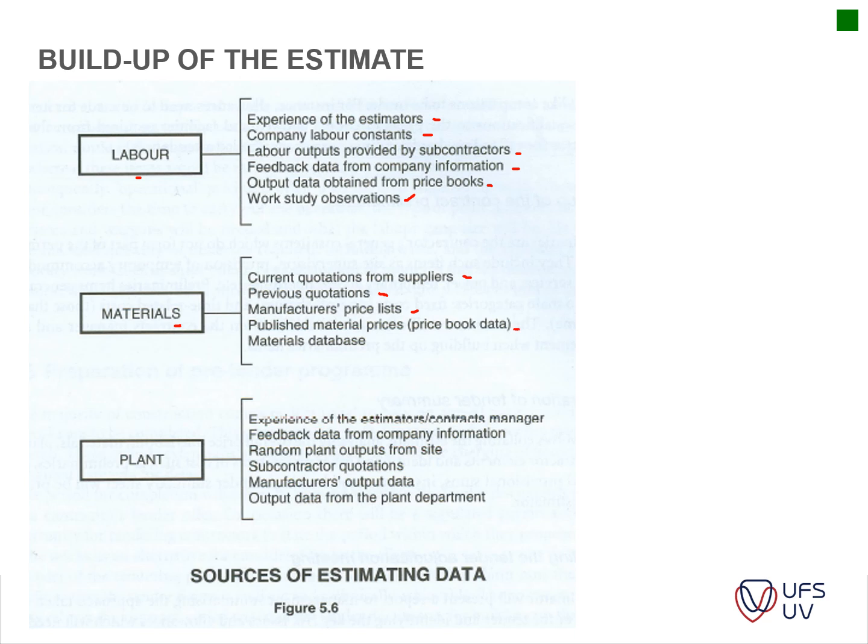On the internet, you can get quite a lot of information these days if you need to do an estimate, although it's quite risky because most of the prices on the internet are usually special rates, and not necessarily the actual rate whenever you are going to buy that material.